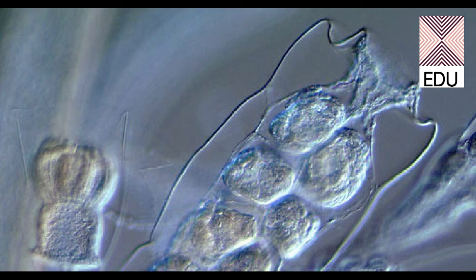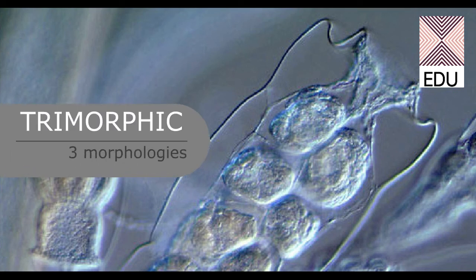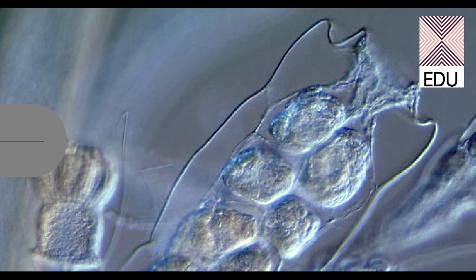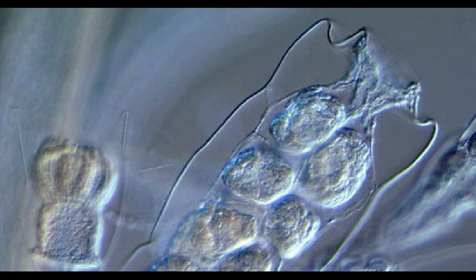That's why it is trimorphic in nature. Trimorphic means it has 3 kinds of morphologies, 3 kinds of zooids. So Obelia shows polymorphism.